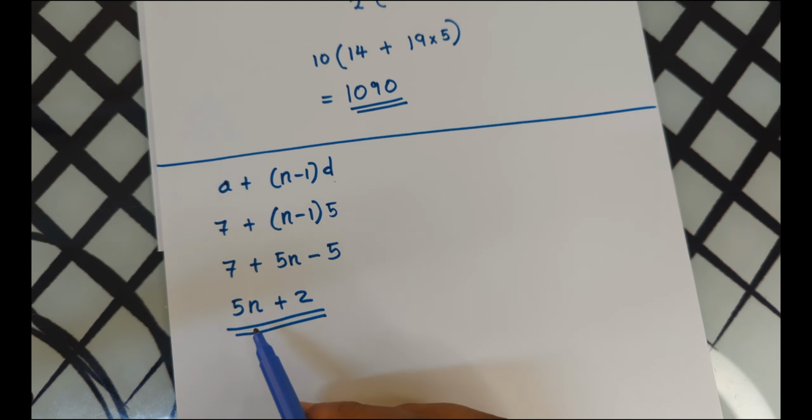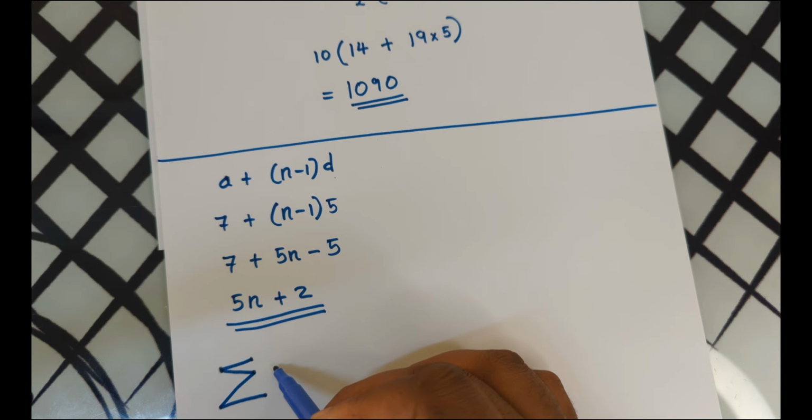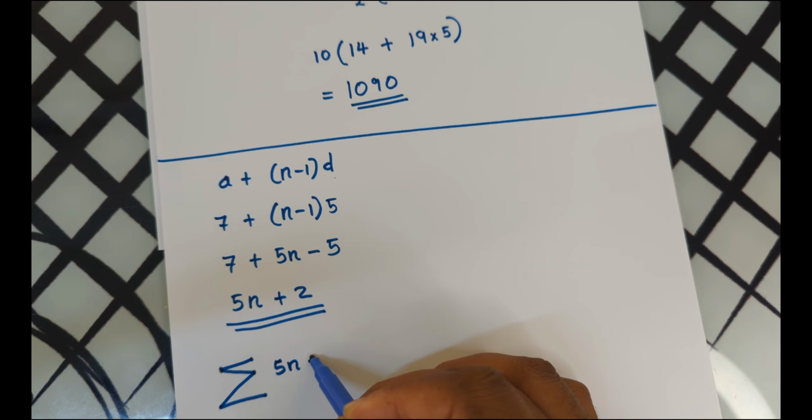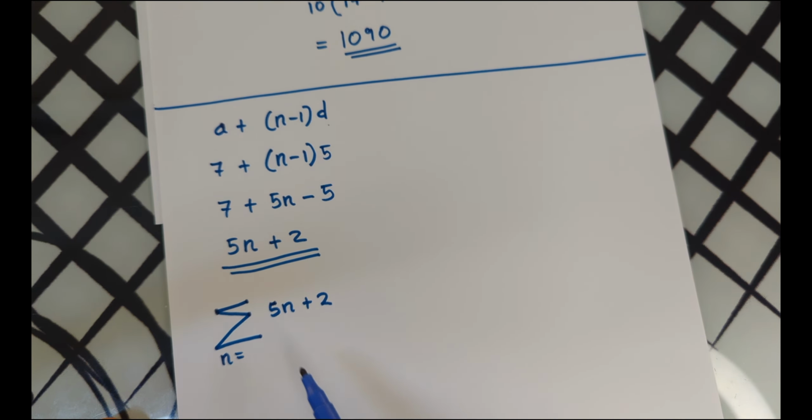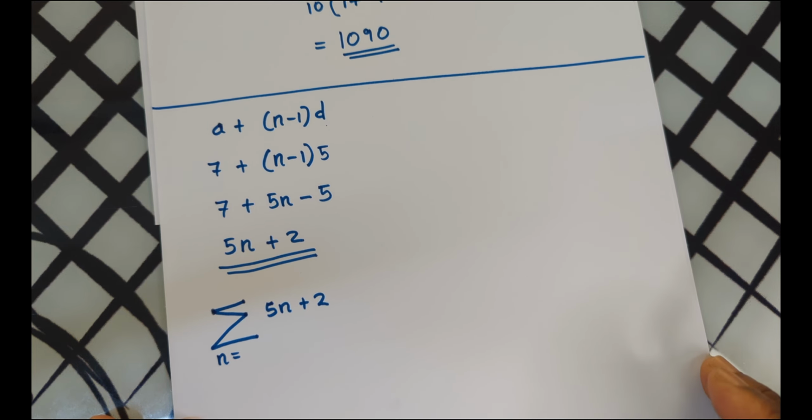Now we can simply use the same general form, so 5n plus 2, but now we don't start at n equal to 1. We are going to start from n equal to 21, because initially we had 20 terms and we added 55 additional terms.